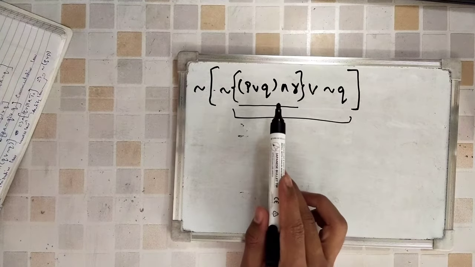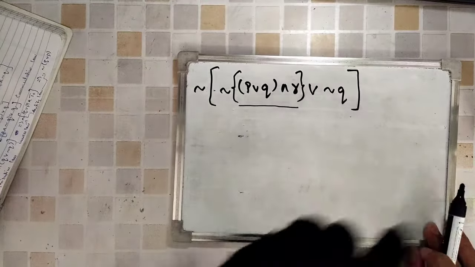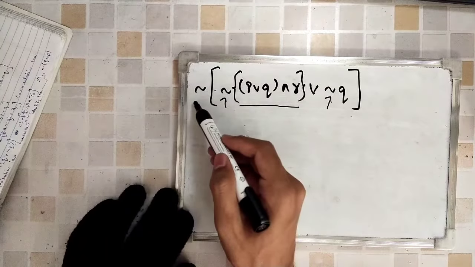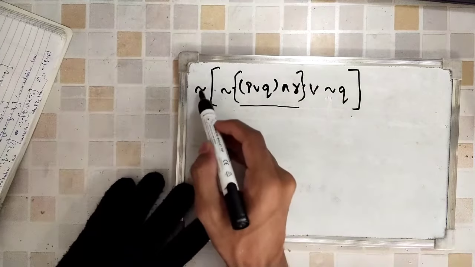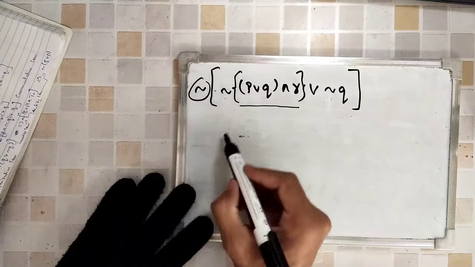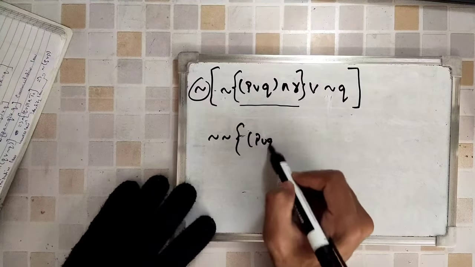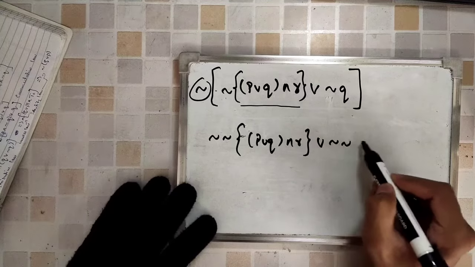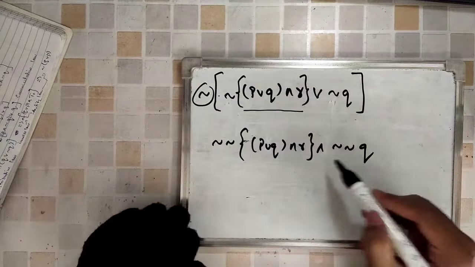So De Morgan's law, or else the simple thing: we have a negation here, a negation here, and then the whole negation is there. Let me first take the outside negation. Negation of negation (P or Q) and R, or double negation of Q. Since it was or, it will become and.